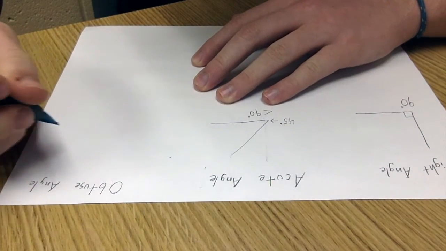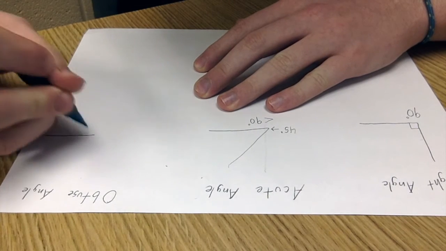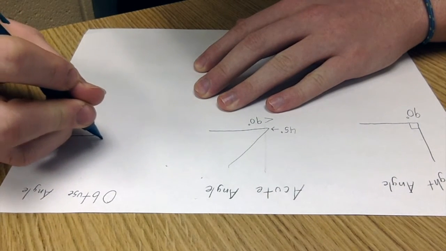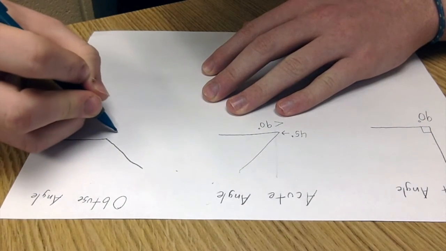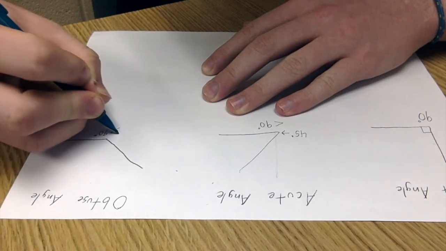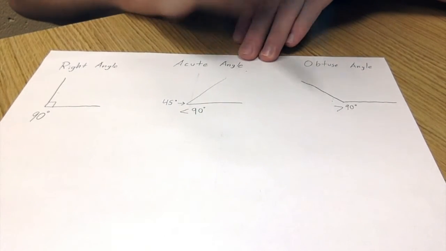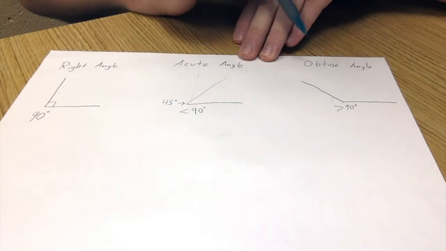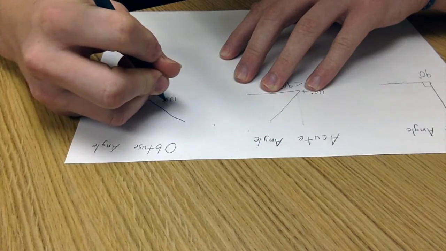Okay? And the last angle I want to teach you guys is the obtuse angle. Now the obtuse angle is kind of the opposite of the acute angle. The obtuse angle is anything that's greater than 90 degrees. So we put the greater than sign, and then we put 90 degrees. So in this case, let's say this was a 135 degree angle.